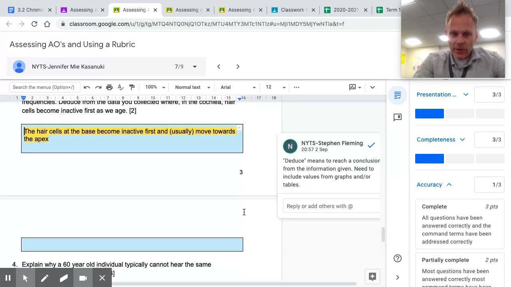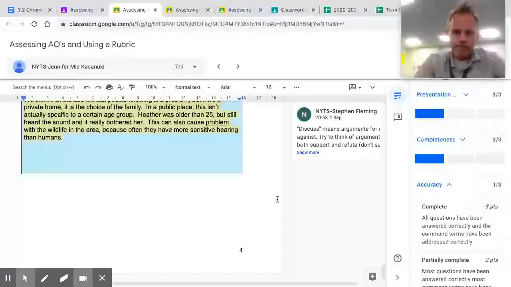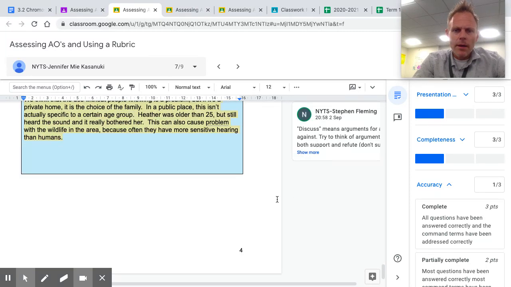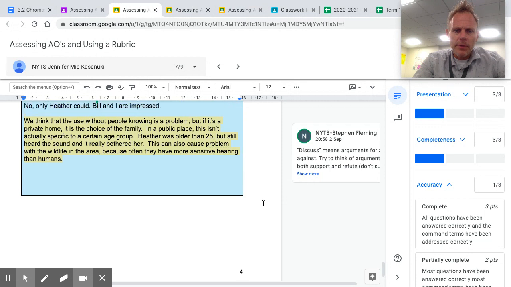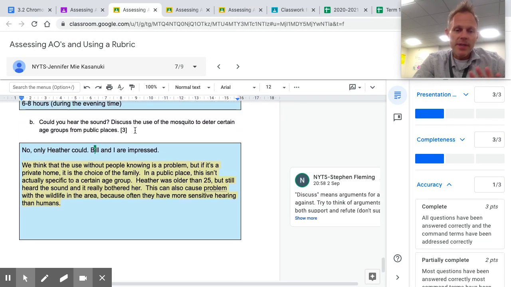If we look at another one, I had them work on a second one down here. Well, my computer's a little laggy. So this question says, could you hear the sound? That's just a fun thing, but discuss, another command term, the use of this thing called a mosquito to deter age groups. So they need to discuss.